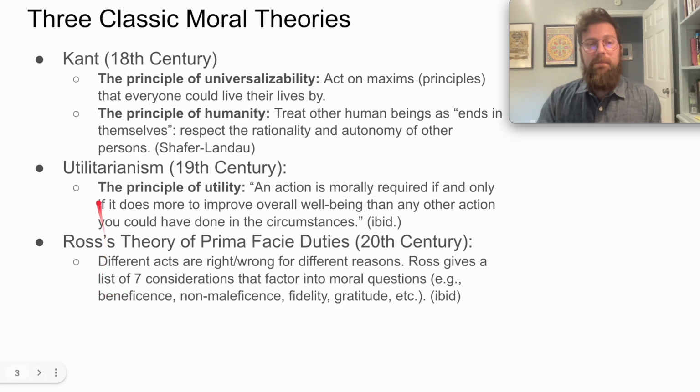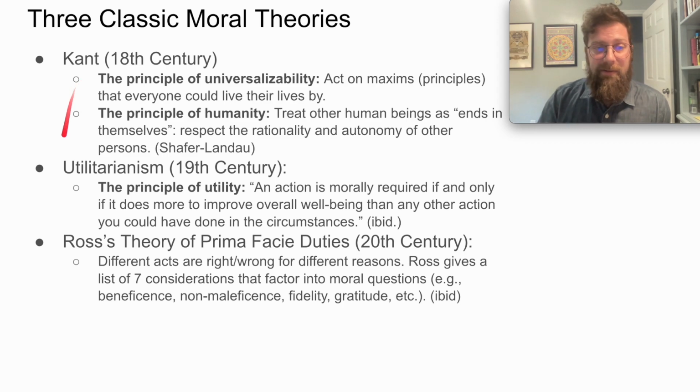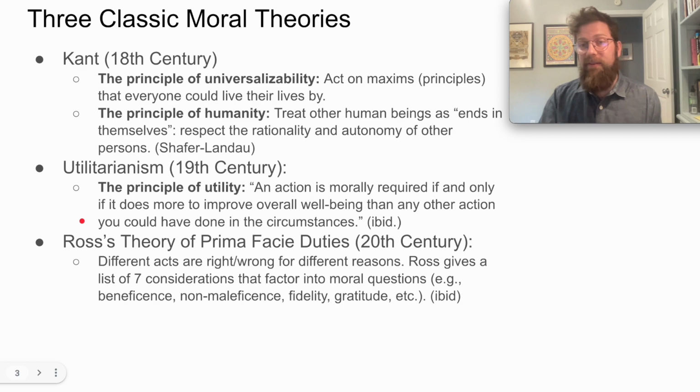So there, Kant would be telling us that you violate the humanity of others and you're doing something that isn't universalizable when you tell a lie. That's why he was against it. Typically, the utilitarian will say, well, obviously you should tell the lie, because if you can save a life by telling a lie, that's probably going to lead to more overall happiness over suffering.